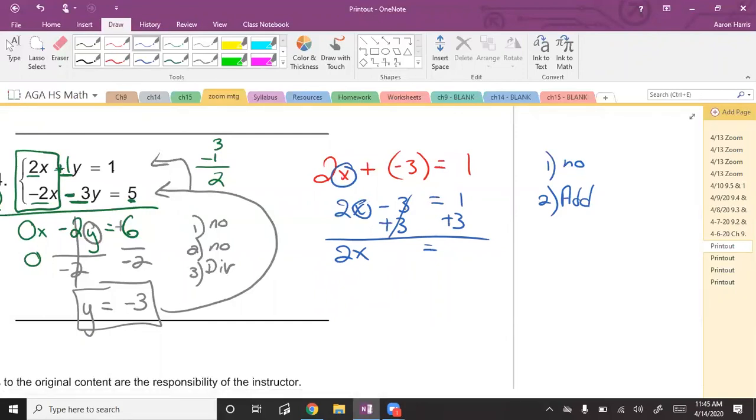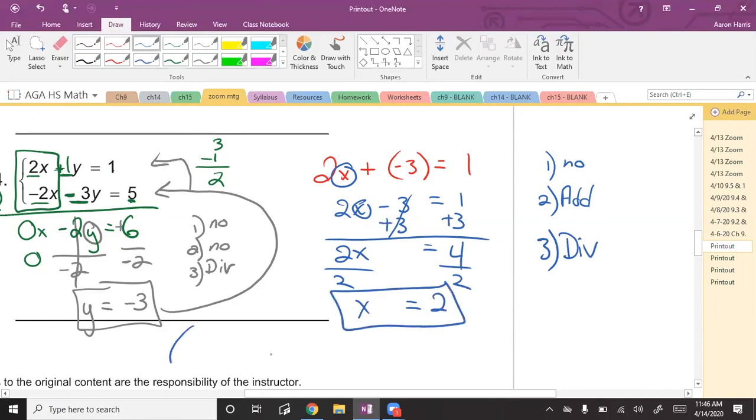That's additive inverse. 1 plus 3 is 4. Step 3, remove all multiplication and division. So we divide by 2, divide by 2. X is equal to 2. So if x is equal to 2, y is equal to negative 3, my answer is 2, negative 3. Does that make sense?